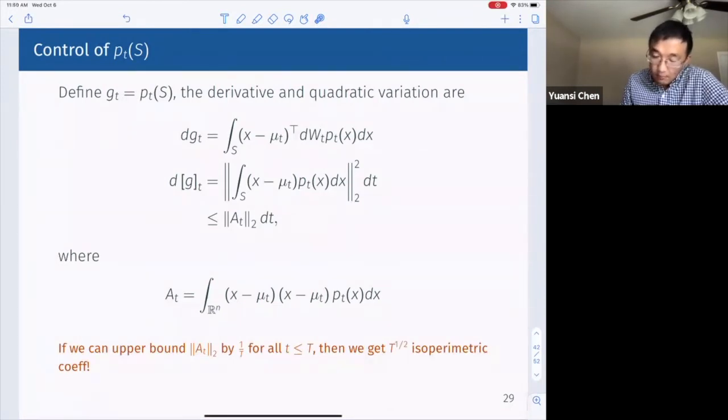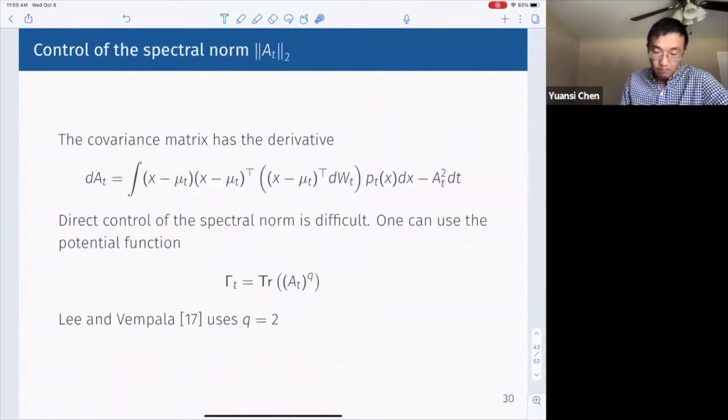And at time t, we added some Gaussian part. So t^(1/2) will be the isoperimetric coefficient that we end up with. So everything boils down to controlling the spectral norm of this A_t.